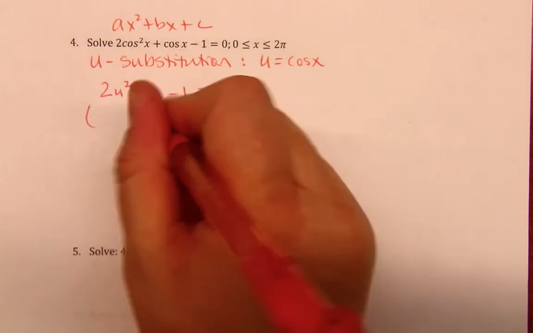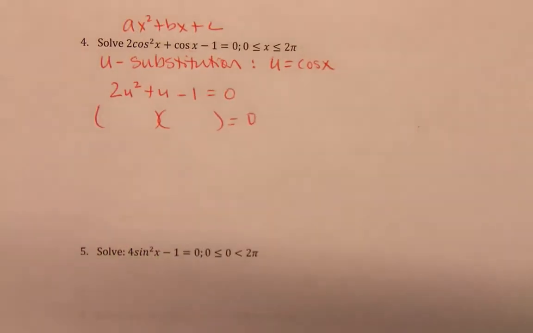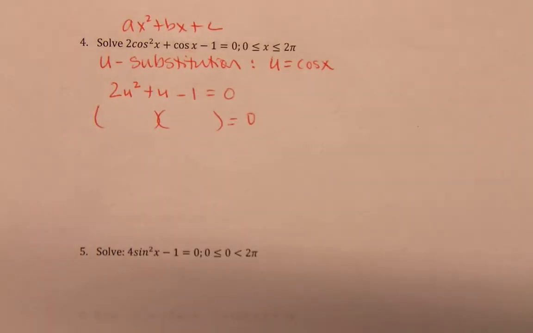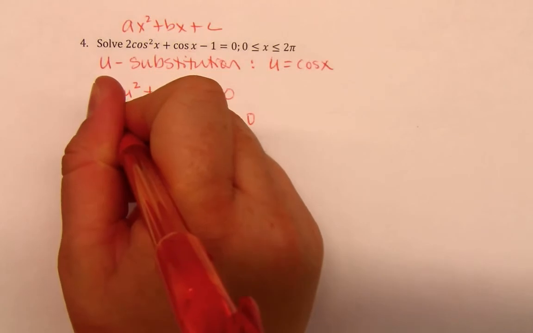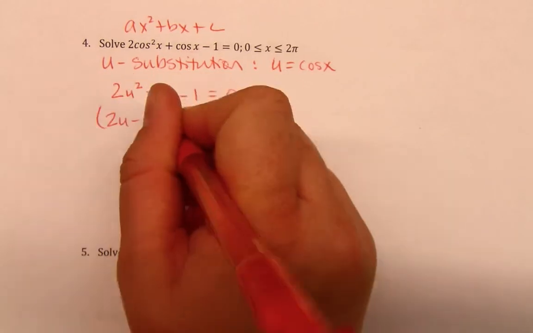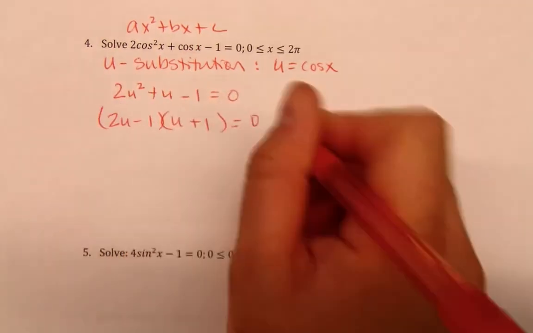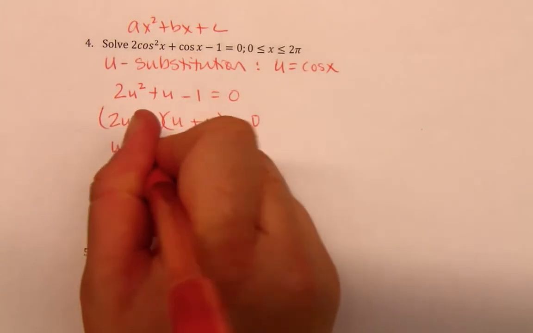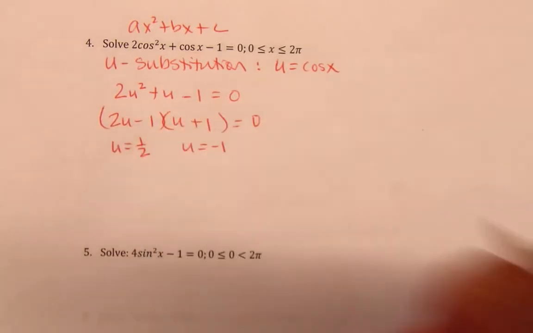So I'm going to go ahead and factor this. You can use whatever factoring method you want, the x method or quadratic formula or whatever. We're going to end up with 2u minus 1 and u plus 1 equals 0. That means u equals 1/2 and u equals -1.